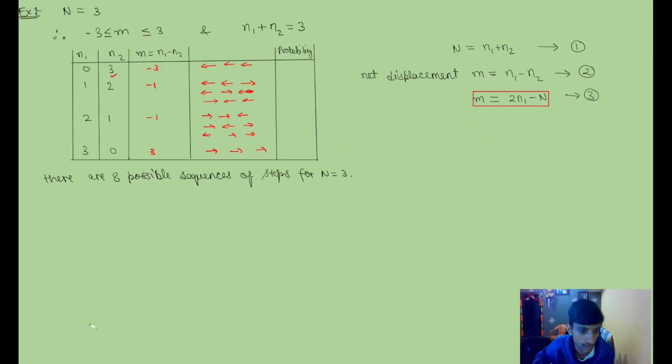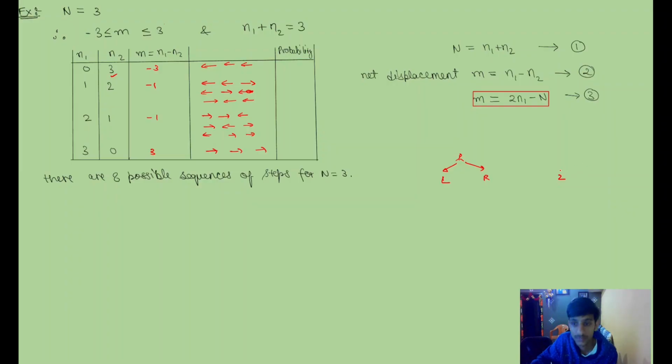Now here, how many possible ways do we have? We have a total of eight possible ways. So basically, if you see, this is the drunk man. He has two choices: either he goes to left or he can go to right. And how many steps is he taking?